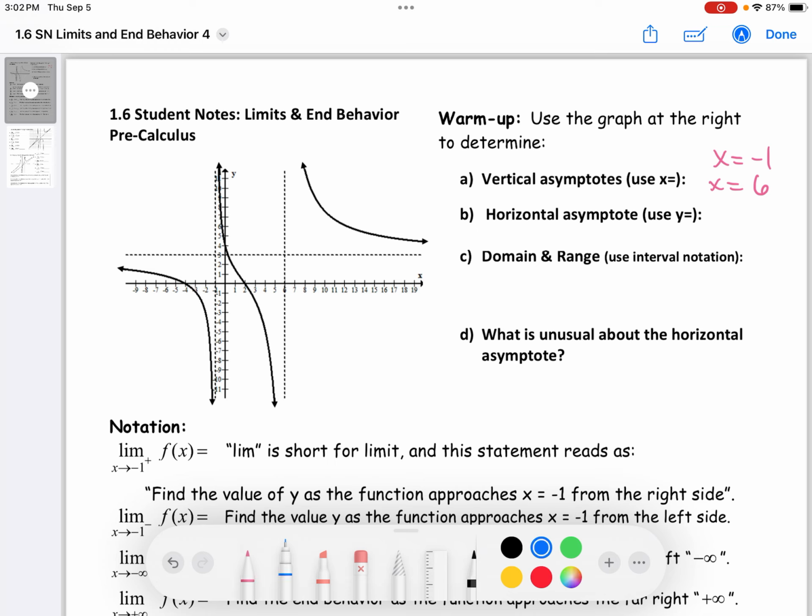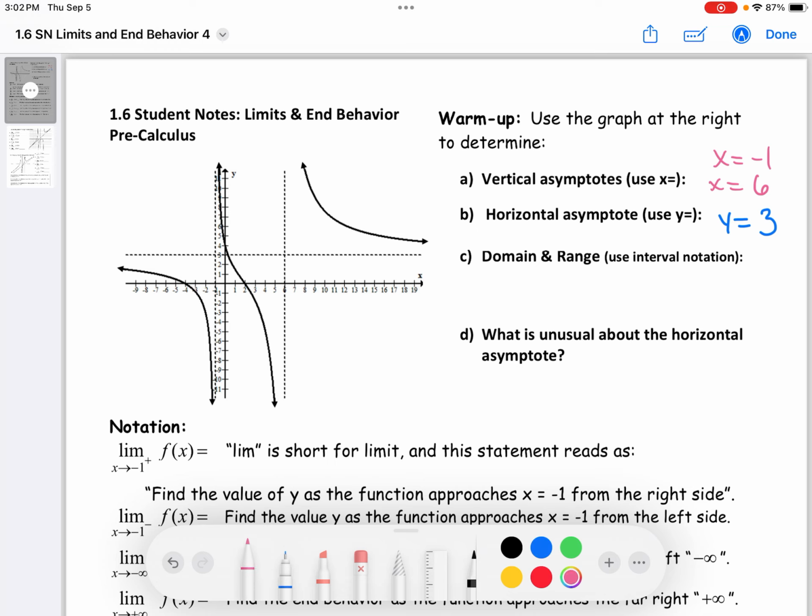For horizontal asymptotes, again, the graph won't cross that asymptote, but there's a catch we're going to talk about. The horizontal asymptote here, we use y equals for those, is y equals 3.